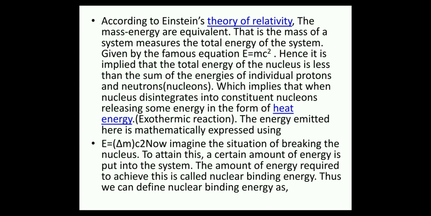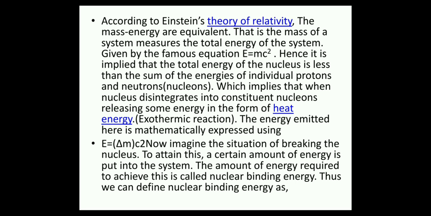Hence, it is implied that the total energy of the nucleus is less than the sum of energies of the individual protons and neutrons, which implies that when nuclei combine from constituent nucleons, some energy is released in the form of heat energy. The energy emitted here is mathematically expressed as E equals delta M into C square.